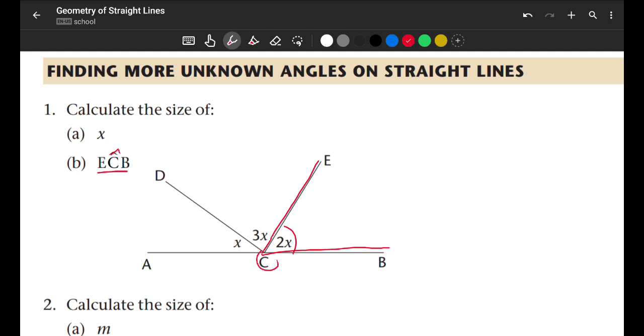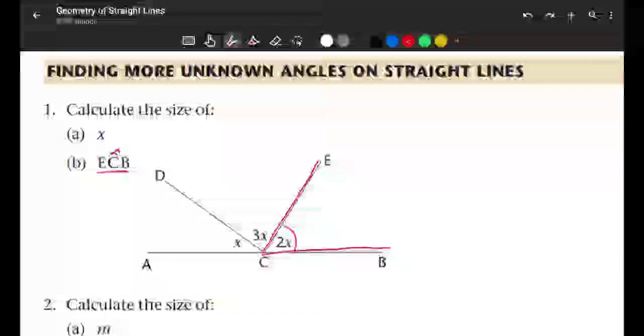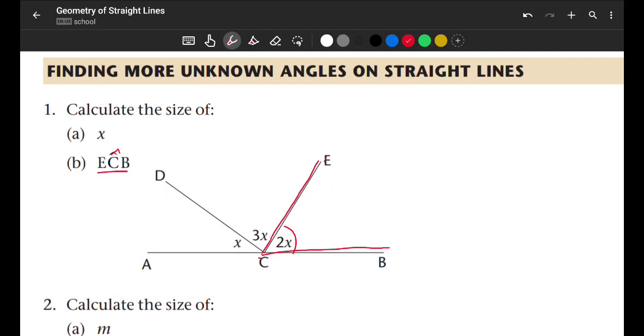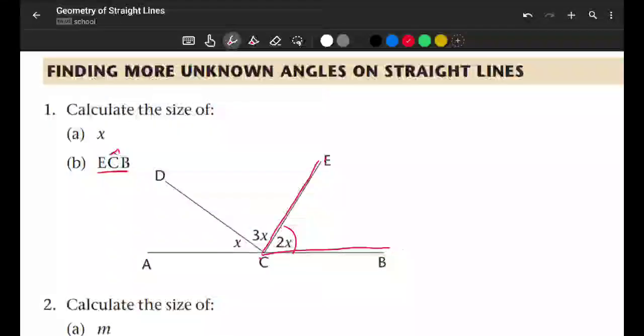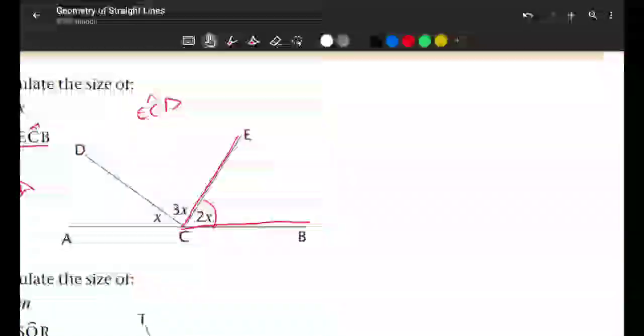Instead of them saying angle C, you might think it's the whole thing, but no. They're telling you to start from E, go to C, and then go to B. If you wanted the angle for 3x, you would say E, C, D. If you wanted the angle at x, you'd say D, C, A. You get me? Alright, let's move on to answering it.